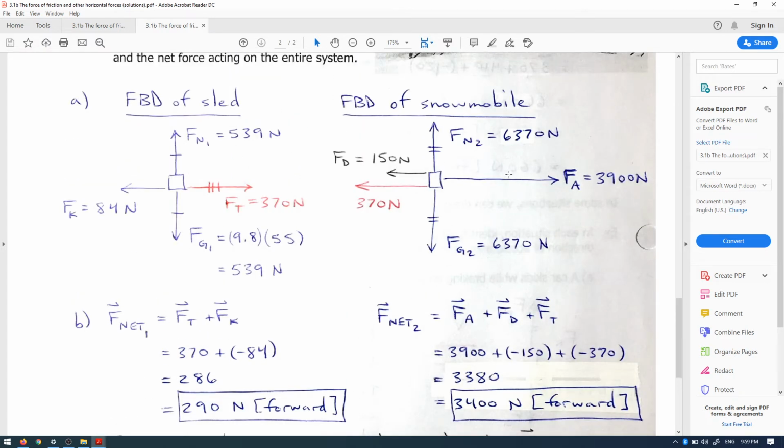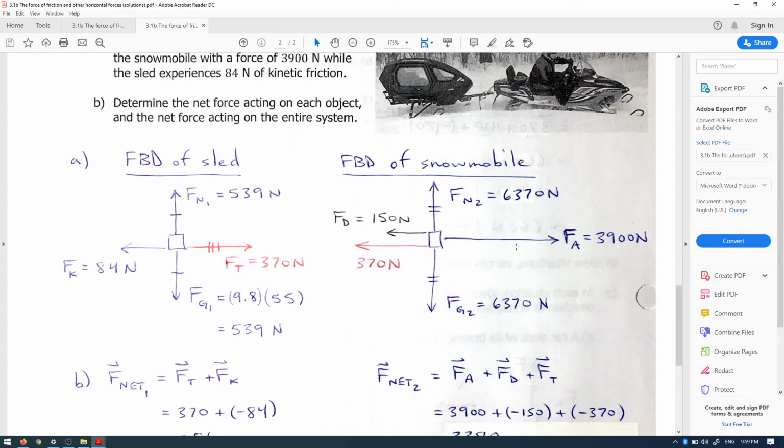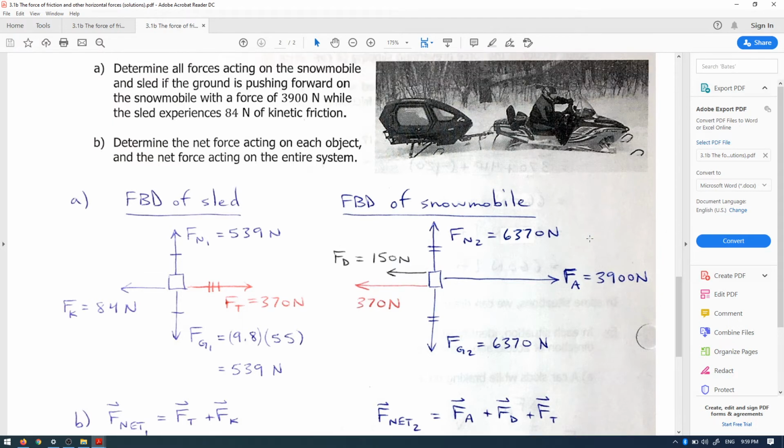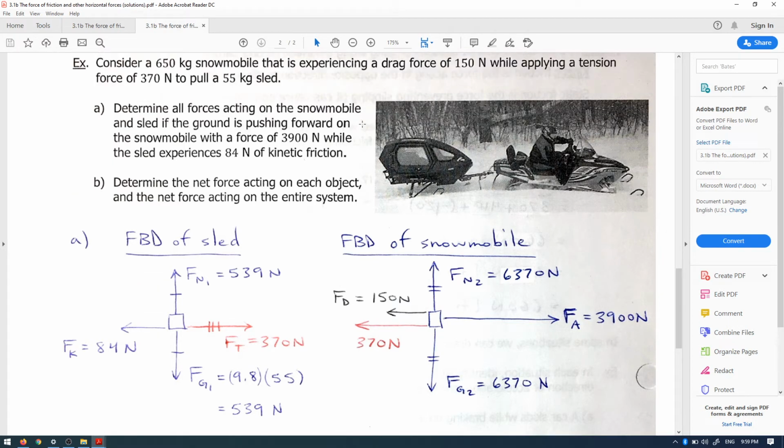The snowmobile has an interesting scenario. The snowmobile is being pushed by the ground at a force of 3,900 newtons. The snowmobile is the only object that experiences the drag force of 150 newtons backward. Also, there's a tension between the sled and the snowmobile.